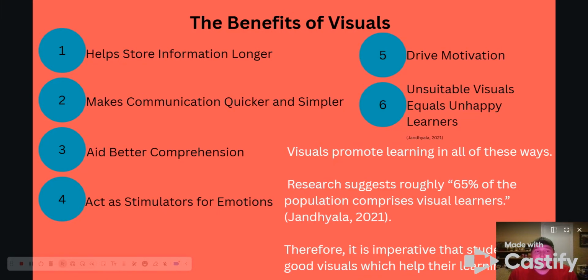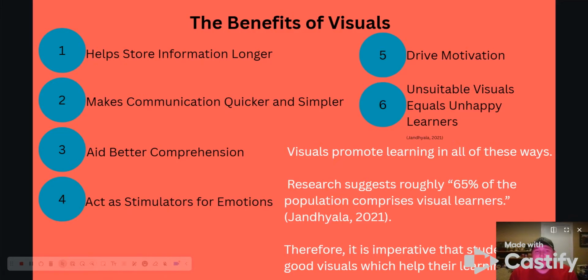Number 6 is unsuitable visuals equals unhappy learners. So the first 5 were very positive, talking about the benefits of visuals. But number 6 is more or less going into the impact that negative or poor visuals have on a learner.